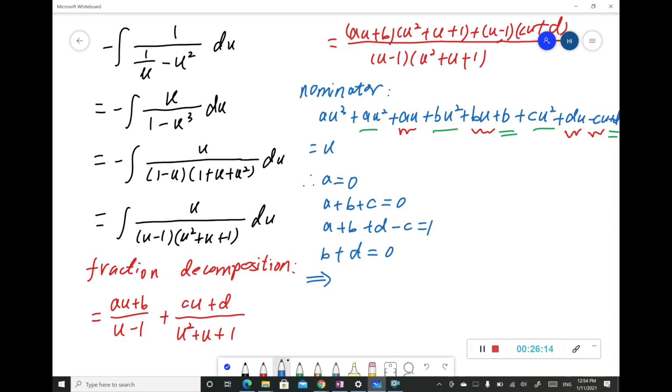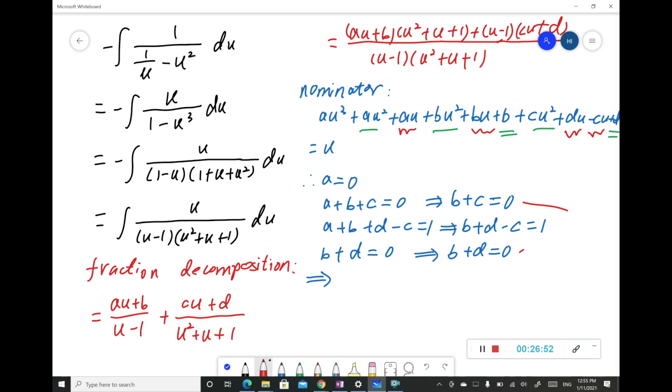Then we could solve these 4 equations. Since a equals 0, the second one we could change to b plus c equals 0, and the third one we can change to b plus d minus c equal 1, and the last one is still b plus d equals 0. For the first one and the second one, we can compare them.